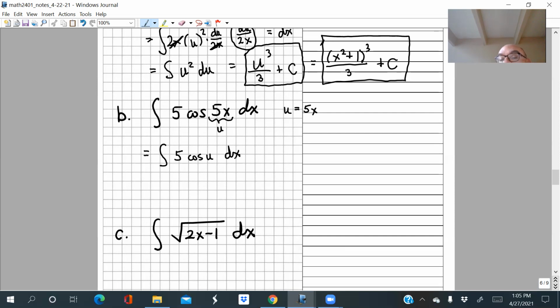But again, remember, the issue here is, unfortunately now I've got different variables in my integrand, right? Here I have a u and here I have an x. The d doesn't count as a variable, by the way, okay? So I can't have that, right? I cannot have multiple different variables in my integrand. I've got to settle on one variable, and the one we're going to settle on here is u.